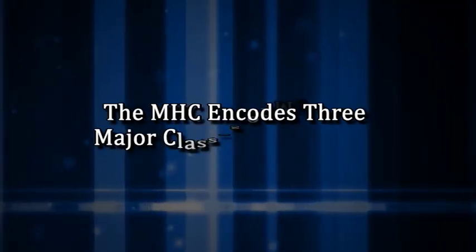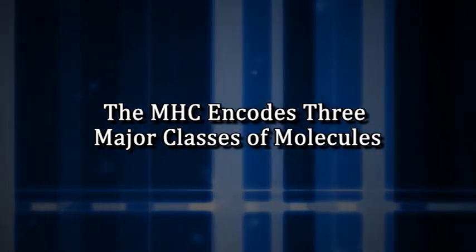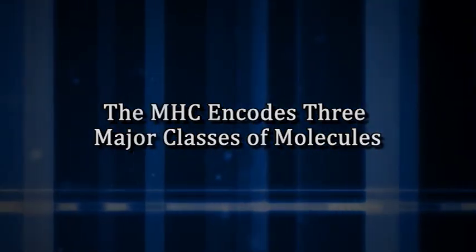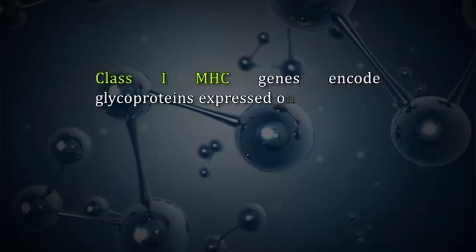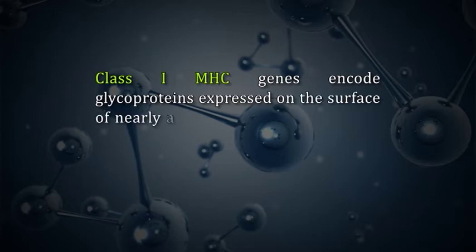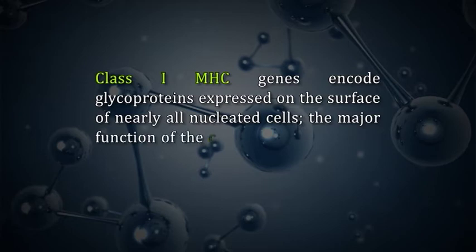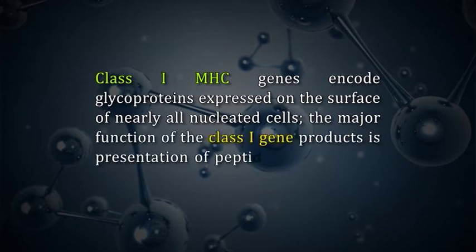The MHC encodes 3 major classes of molecules. 1. Class I MHC genes encode glycoproteins expressed on the surface of nearly all nucleated cells. The major function of the class I gene products is presentation of the peptide antigens to Tc cells.